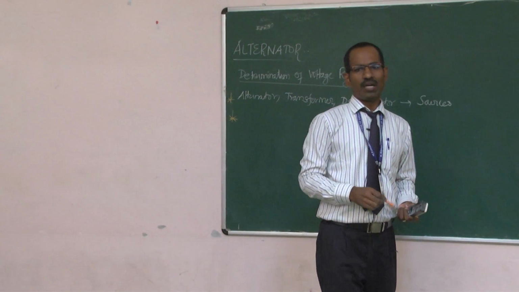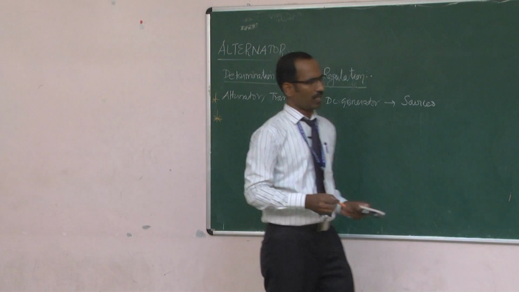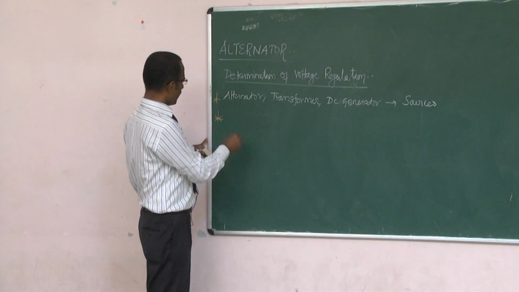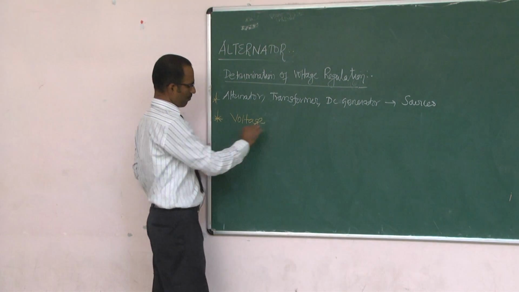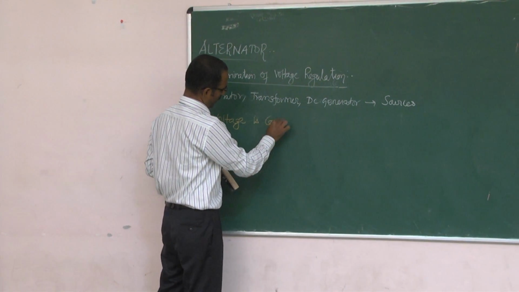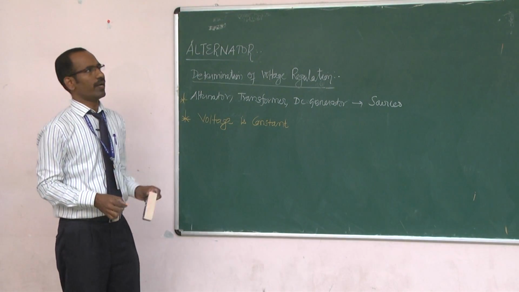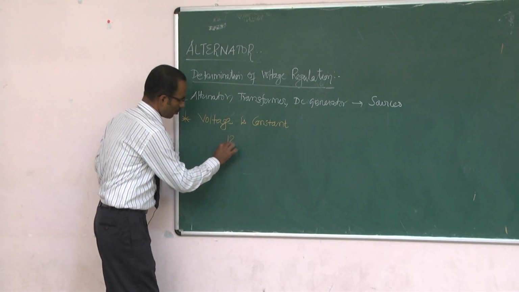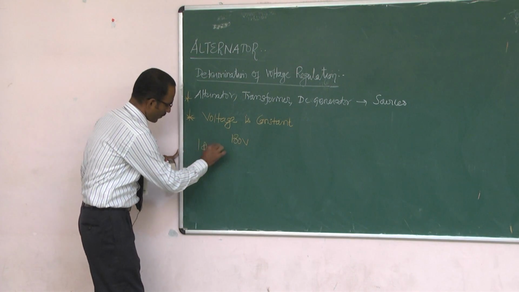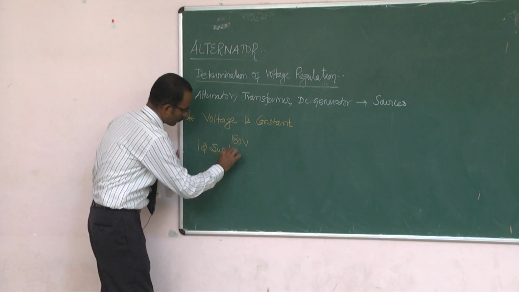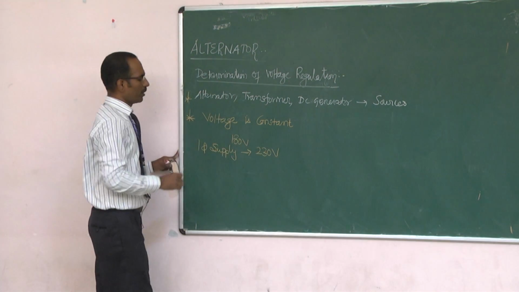All the appliances, not only in domestic purpose, in the industries also, are connected only in parallel. If it is a parallel circuit, the voltage across any device or any terminal is always maintained as constant. The minimum voltage which is required for the fluorescent lamp to work is around 180 volt. If it is a single phase supply, the voltage we are getting is 230.